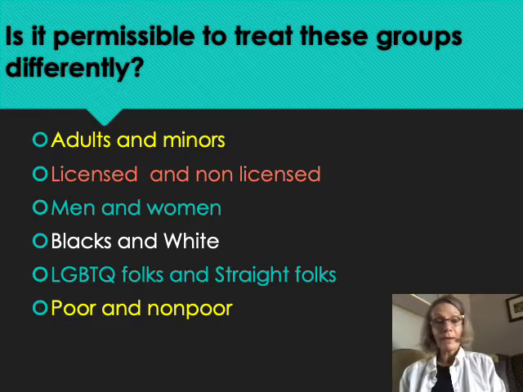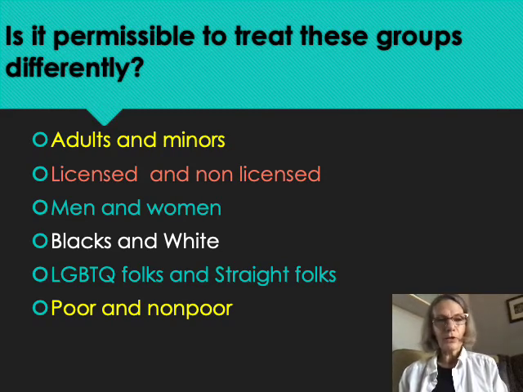In fact, it might be related to a compelling state interest, right? If you need to fly a plane, you need to be licensed to do it. If you're going to practice law or be a doctor, you need to be licensed to do it. So I don't think there would be a lot of argument around why treating licensed and unlicensed people differently would be permissible, and there are not a lot of reasons for why it would be impermissible.